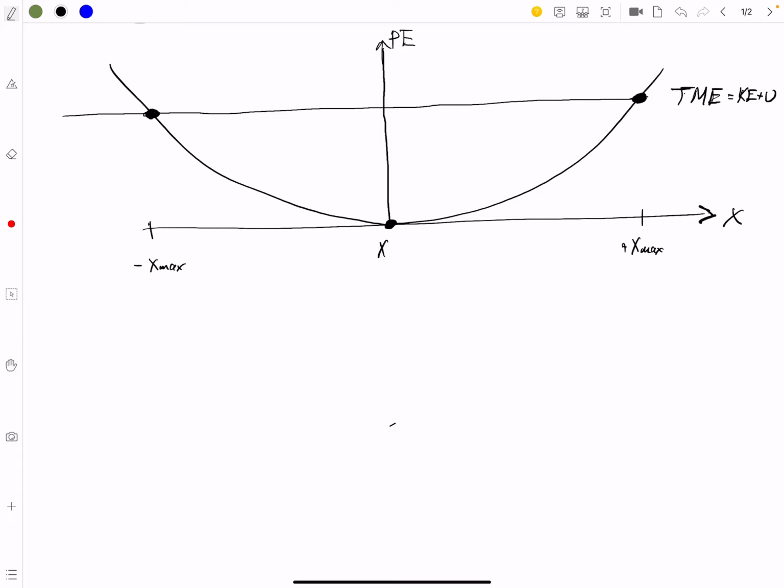Here we'll say is X equals 0 or X naught. And without friction, if we let something loose here to roll back and forth, of course, our total energy is going to equal our total mechanical energy. That'll be a constant.